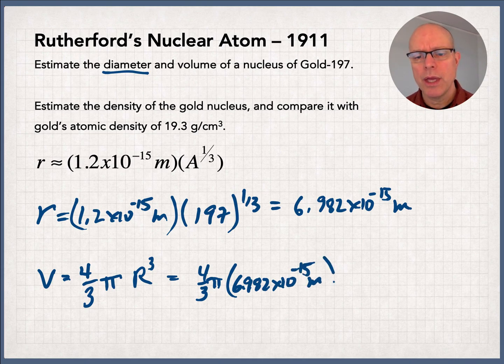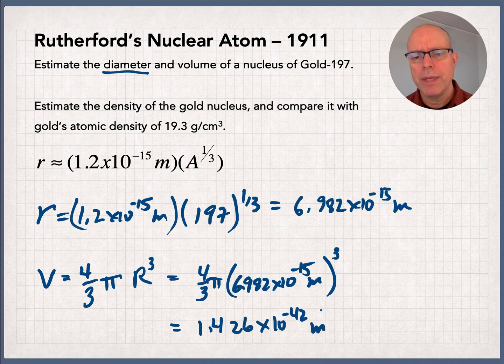And this, I think, is where if you're paying attention as a sentient human being, you should really be blown away. The volume of the nucleus is the smallest thing, 1.426 times 10 to the negative 42 cubic meters.